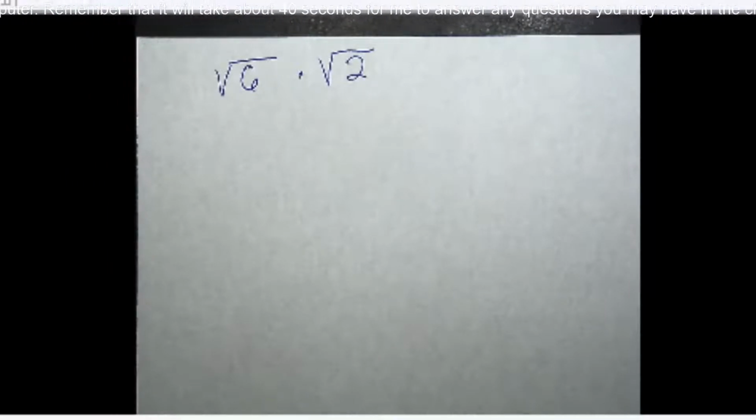Because 6 times 2 is 12, and well, the factors of 12 are 6 and 2. So if I want to simplify 12, I'm kind of just making more work for myself. So it's pretty much always a good idea to factor these numbers instead.